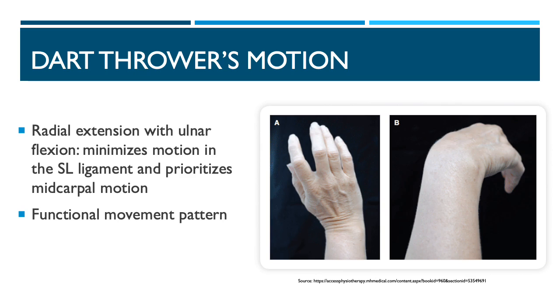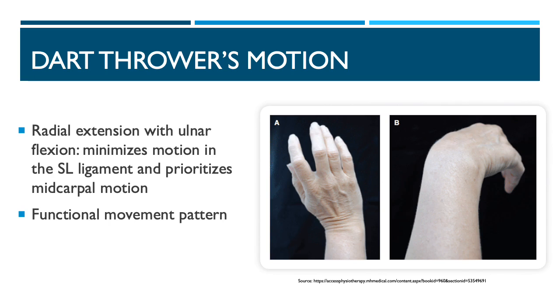The reason this is important is that in a healthy wrist, at least, the motion between the scaphoid and lunate is really minimized, and it prioritizes mid-carpal motion. So it makes the proximal carpal row move more against the distal carpal row rather than the motion within the proximal carpal row itself.